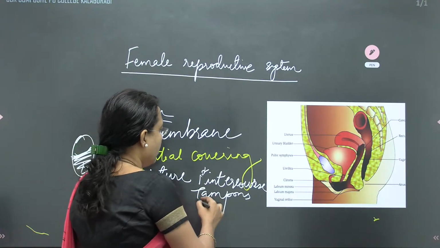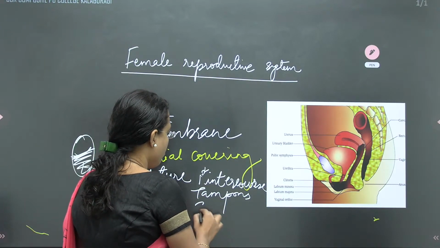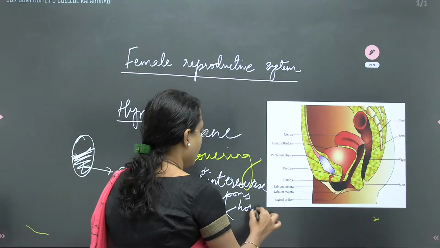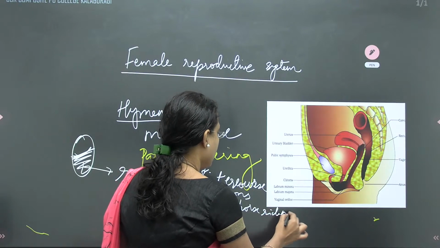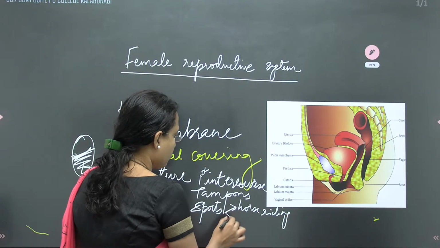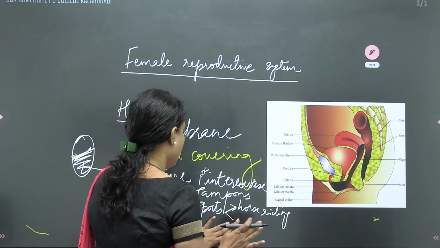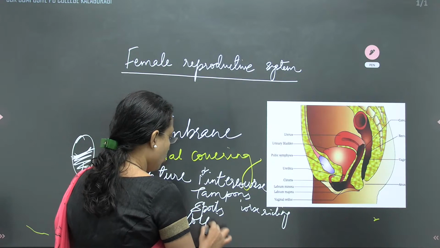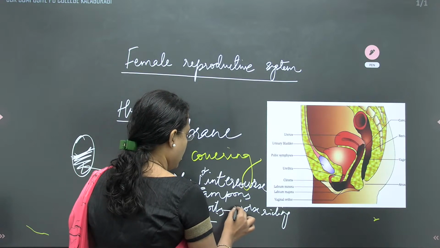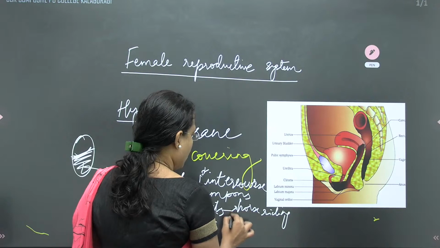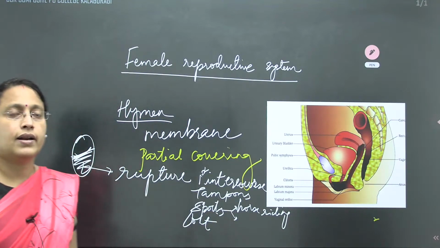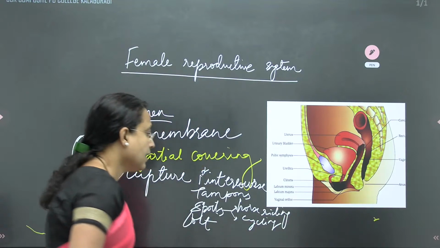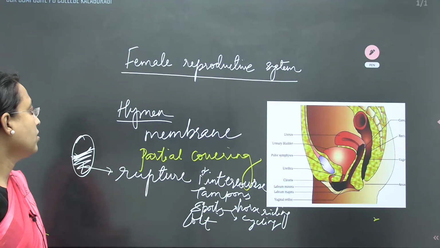The next can be due to sports activities, regular sports activities like horse riding or other sports. It can be due to sudden jolt. Horse riding, cycling, etc.